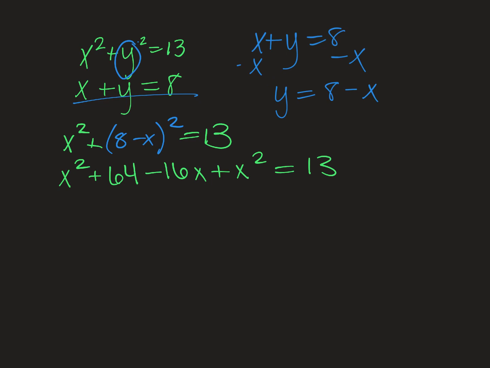All right, so again, we're just foiling that blue part to get the 64 minus 16x plus x squared.